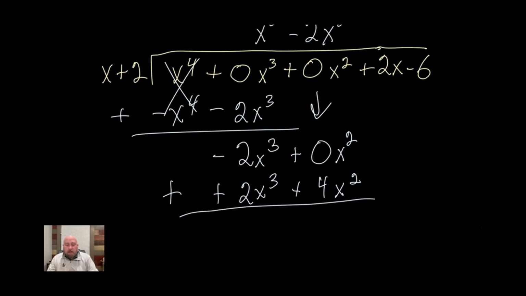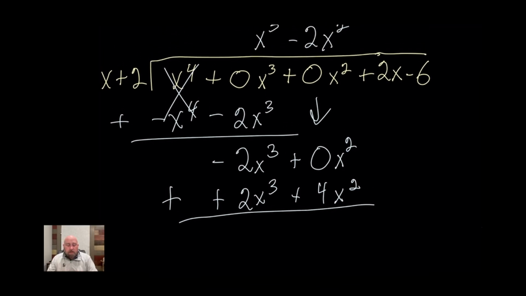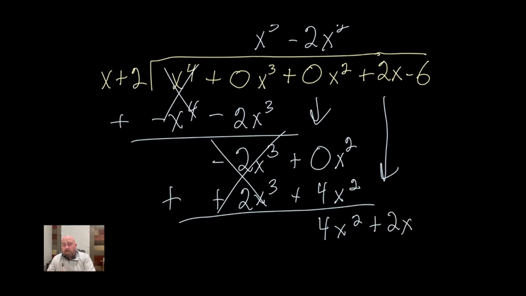So we're going to go again back to this, and this left one almost always is going to cancel out. We get 0 there. And these are positives now, so we're going to add. We're going to get 4x squared. We're going to bring down whatever's next, so a +2x is what we bring down. Now we're ready to divide again.